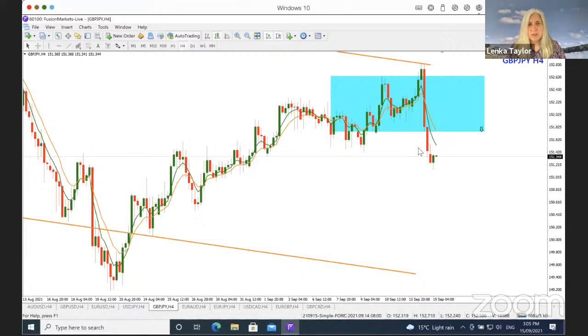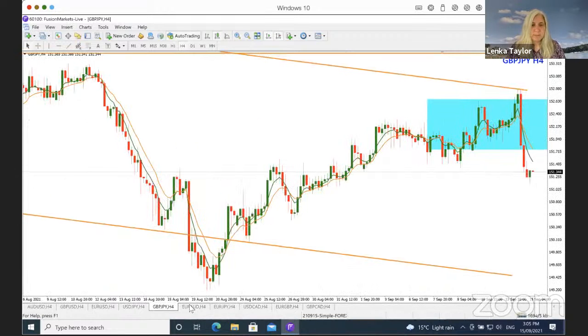In terms of the entry on the 4-hourly, I'm looking for price action to either come back into that entry zone, so back up to the top or halfway, or if it keeps going down, then a retest back up at that level here. So still looking for a short opportunity on GBPJPY.